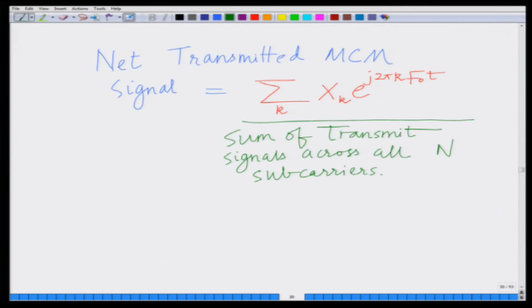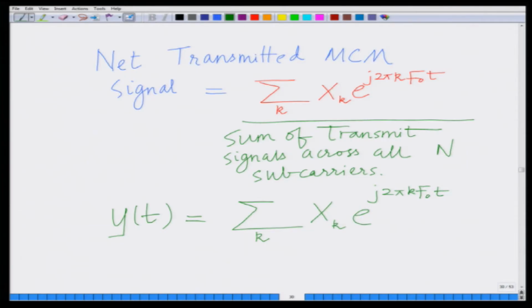And now, let us say that the received signal, so this is the transmitted signal. So, let us say I have the received signal, which is given as x k e to the power of j 2 pi k f naught t. Obviously, here I am ignoring the noise at the receiver.